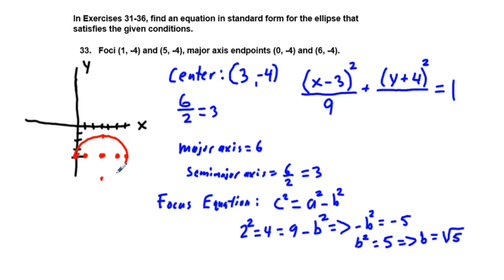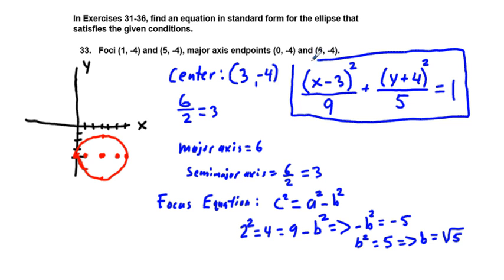And as far as answering the question, our semi-minor axis is square root of 5, and so our semi-minor axis squared is going to be simply 5. So this is going to be our answer to problem number 33.